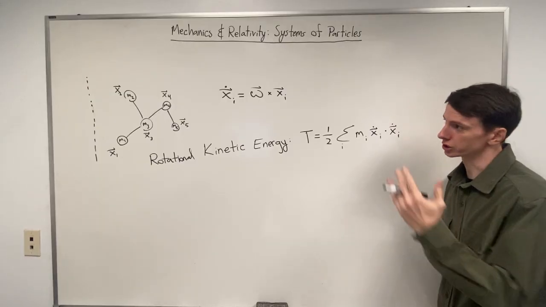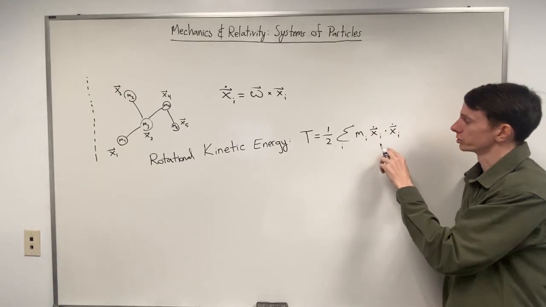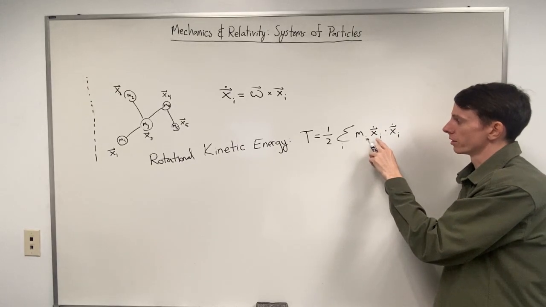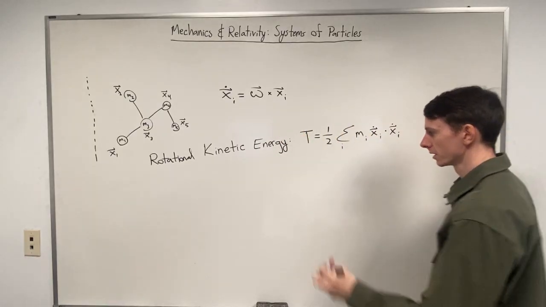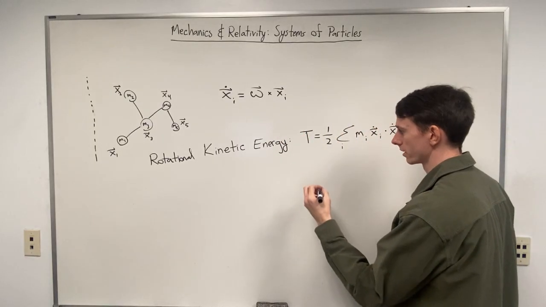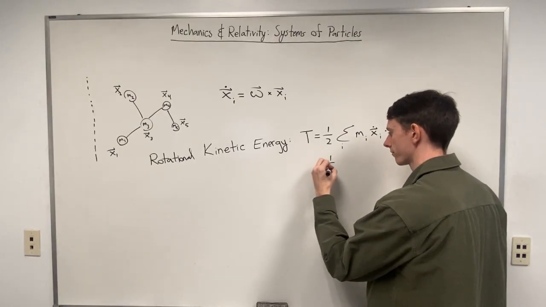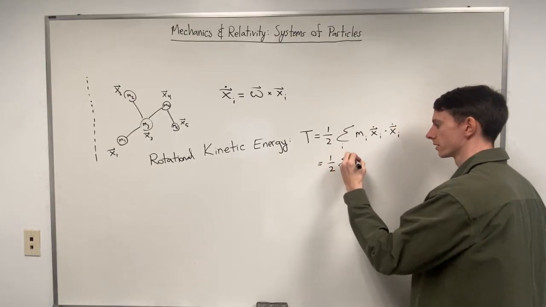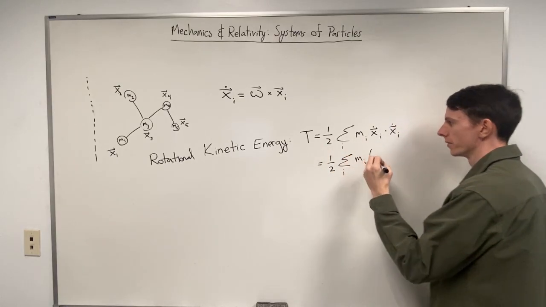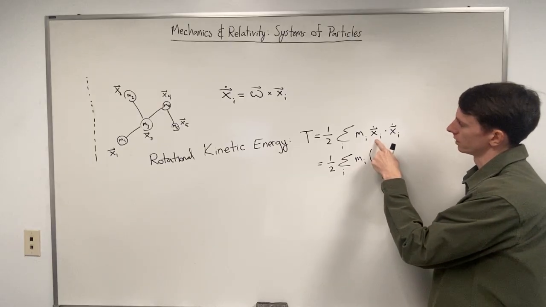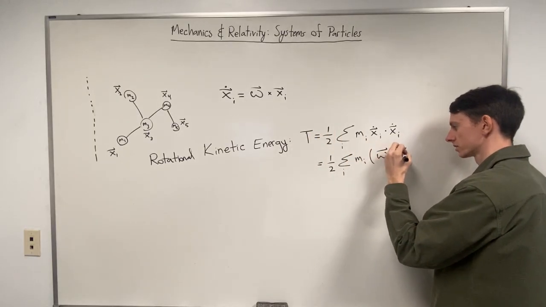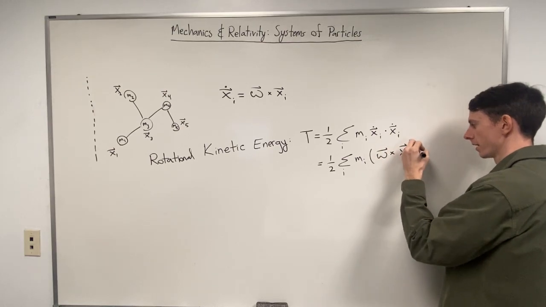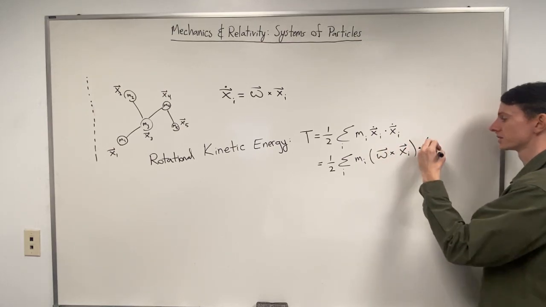First step, just like what we did prior, is we're going to substitute in the definition for x dot in terms of the omega vector. So if we do that, we're going to get 1/2 times the sum over i of mi, and then our first velocity vector is going to be omega cross the ith position, in a dot product with itself, right?